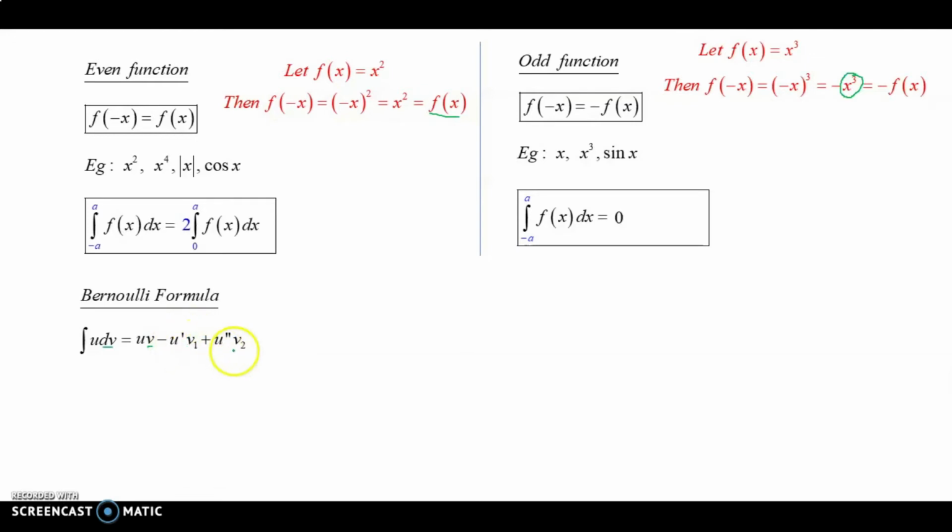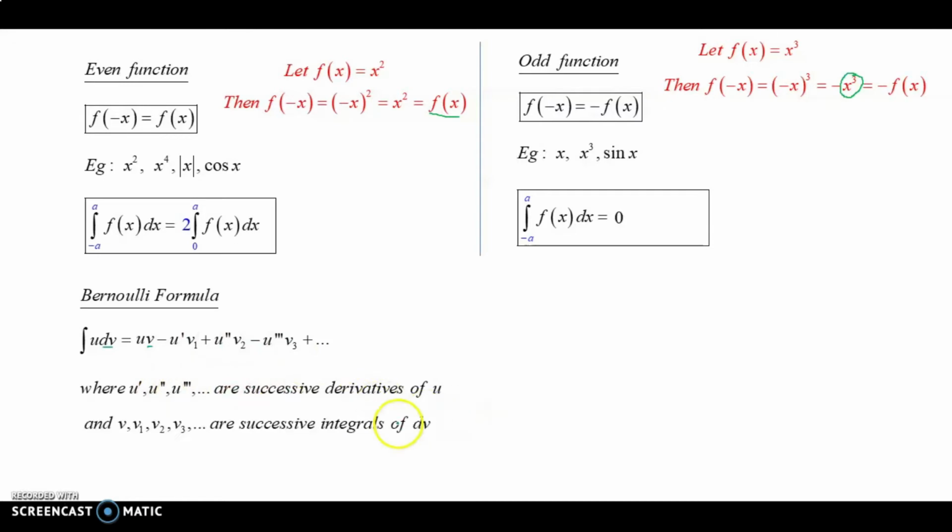Integrate v1, we get v2, alternate sign minus. Differentiate u double dash, we get u triple dash, integrate v2, we get v3, and likewise, until we reach 0. Here u dash, u double dash, u triple dash are successive derivatives of u, and v, v1, v2, v3 are successive integrals of dv.